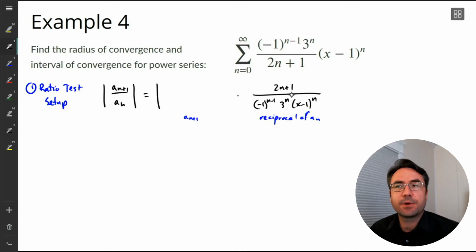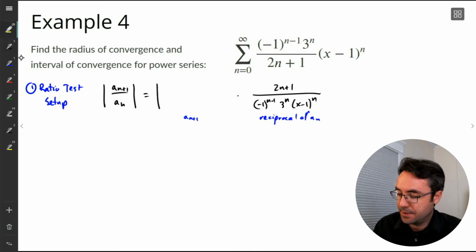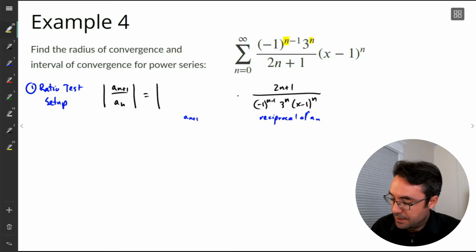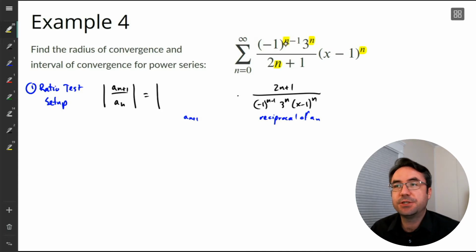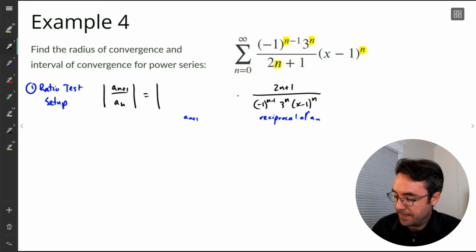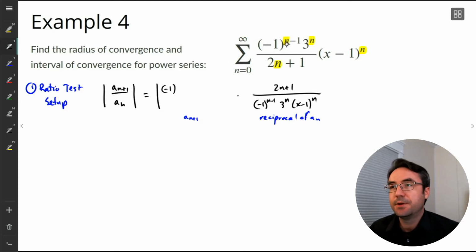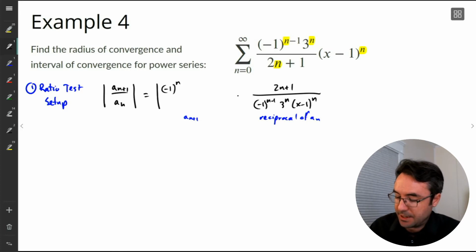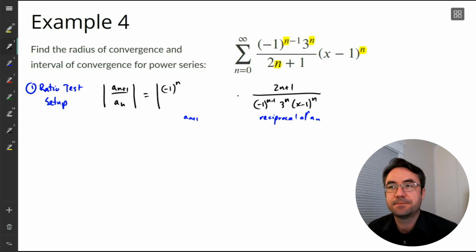Now we want a sub n plus 1. Wherever we see an n here, we change it to an n plus 1. So for this power of -1, it'll be n plus 1 minus 1, so we end up with (-1) to the n.